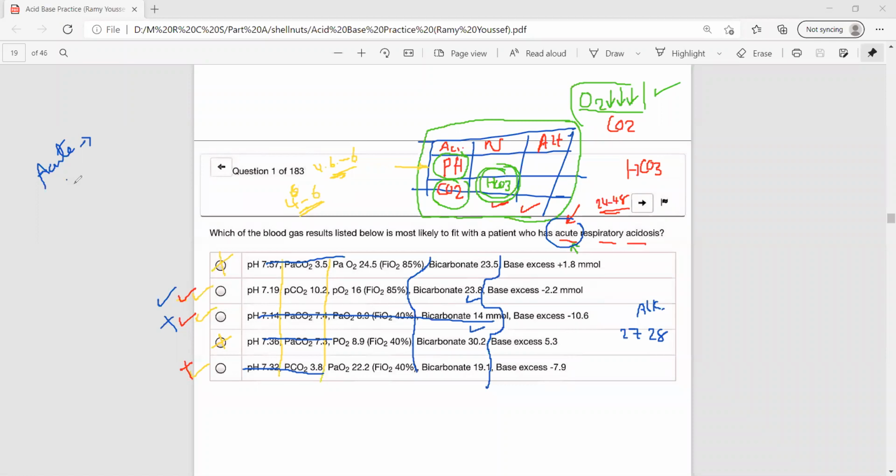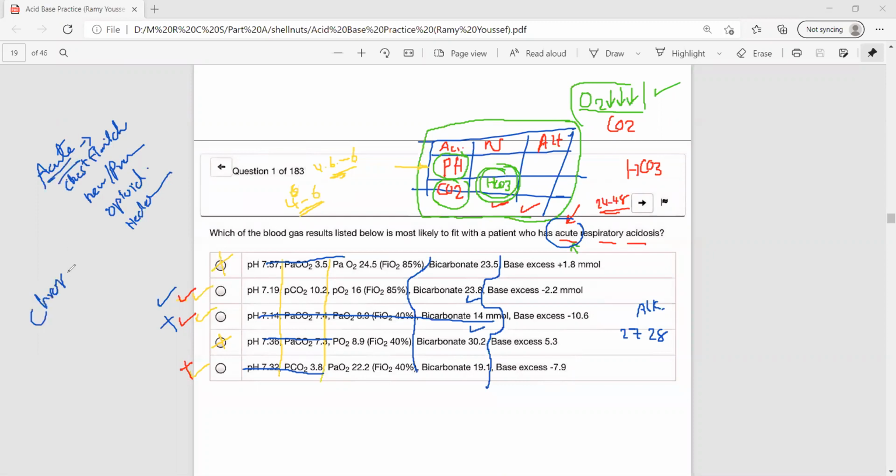Chest trauma, flail chest, pneumothorax, opioid overdose, respiratory depression, head trauma with respiratory depression. This is acute.